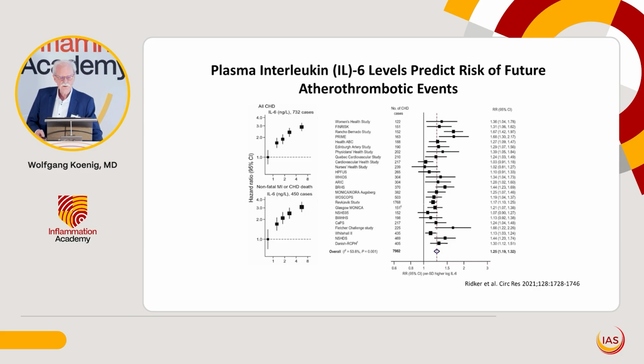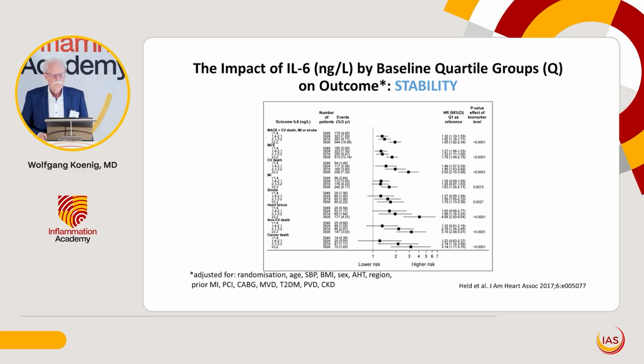And this is a compilation of the studies that have been available for quite some time, including our data from Augsburg here in the middle. And you see that for one standard deviation increase in IL-6, there was a 25% increase in risk. And similar data have been collected in patients from a large clinical trial. This is STABILITY with darapladib, an inhibitor of the lipoprotein-associated phospholipase A2.